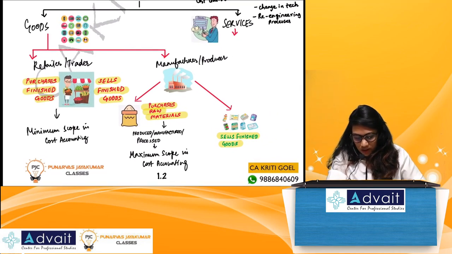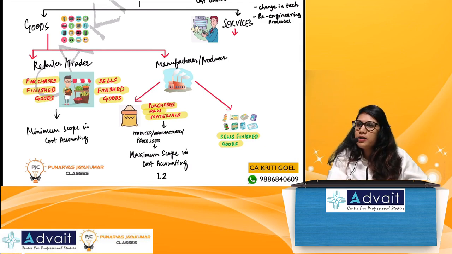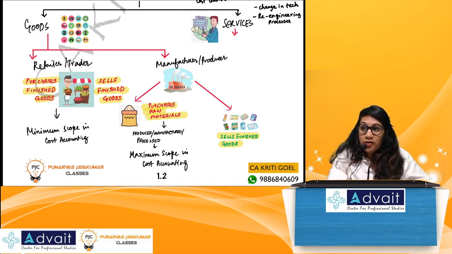So goods, services, retailer slash trader, manufacturer slash producer. Retailer, not that much scope in cost accounting, but manufacturer, maximum scope in cost accounting. So whatever problems we are going to solve, whatever chapters we are going to study, we are going to have the manufacturer in mind.